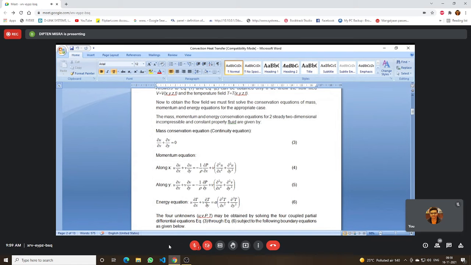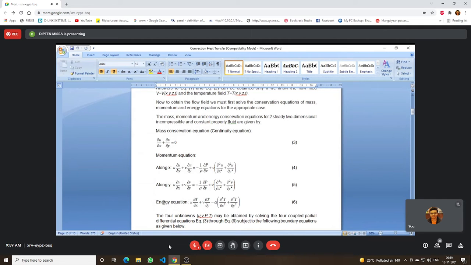So in a convective flow field, you have to solve for all four: U, V, P, and T. There will be four unknowns for a two-dimensional, steady state problem, and for that we can take help of all these equations. You have to solve them simultaneously.